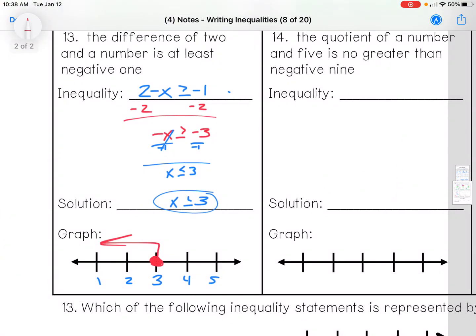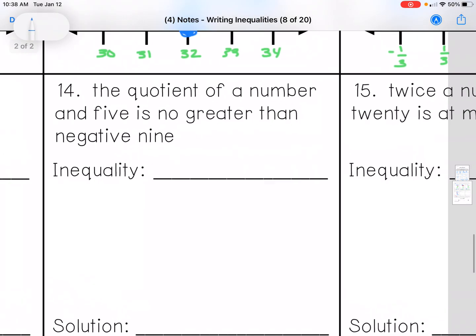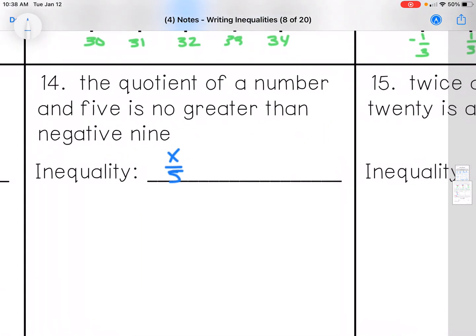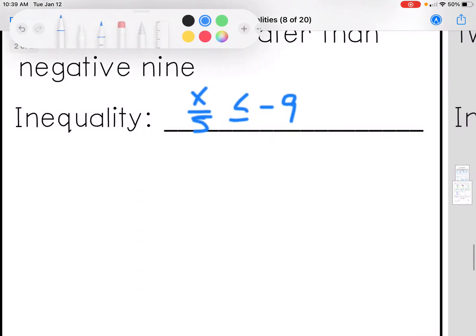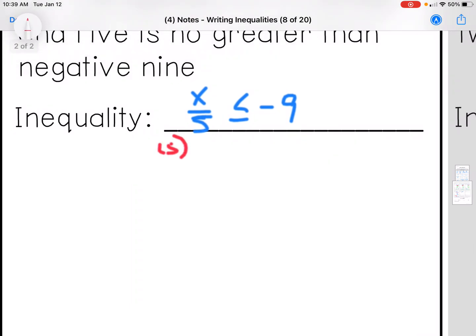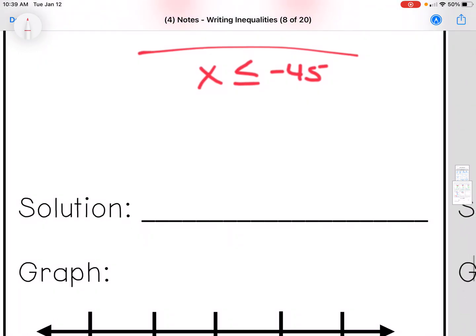There you go. Okay, number 14, the quotient, so we're dividing, okay, of a number and 5. So x over 5 is no greater than -9. So go ahead and solve that. To do that, you just multiply by 5. And you're going to get x is less than or equal to -45.